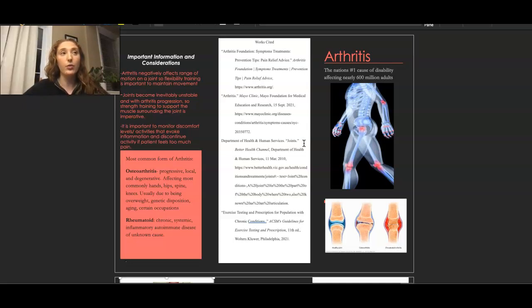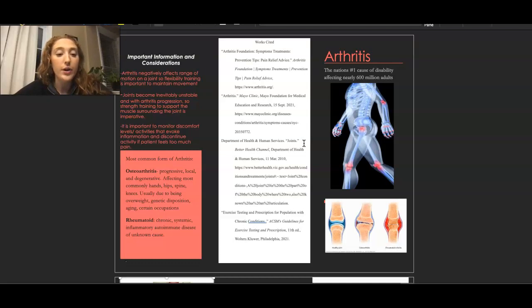So if you're severely arthritic in your knees, it's really important to strengthen your quad muscles or your hamstring muscles or your calf muscles as well, because then you're going to provide yourself an area of support in a place where you're losing stability, which is really important. So strength training in arthritis patients is imperative.